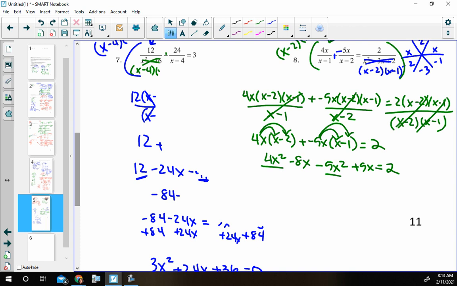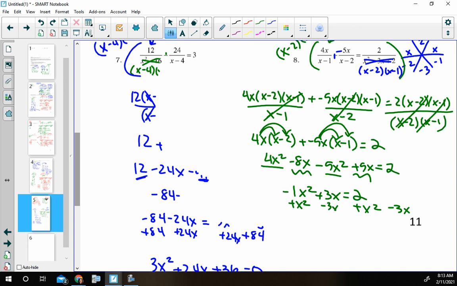All right, go ahead and combine these. So 4x squared minus 5x squared is negative 1x squared. Negative 8x plus 5x is 3x. All right, I got x squared, x, and a number, so I'm going to end up factoring and snowflaking. I'm going to weirdly bring it out to the right because I want to keep that x squared positive. So I'm actually going to add the x squared over and subtract the 3x.